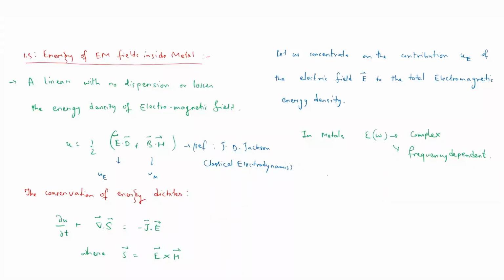Therefore U equal to half E dot D plus B dot H does not apply for metal, because of these two reasons: it is complex and it is frequency dependent.